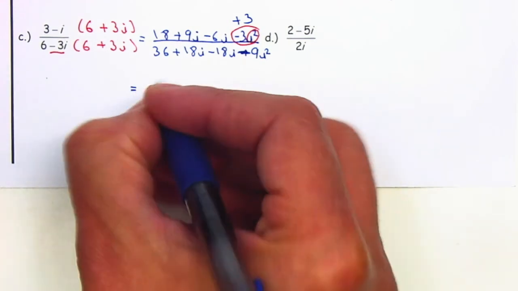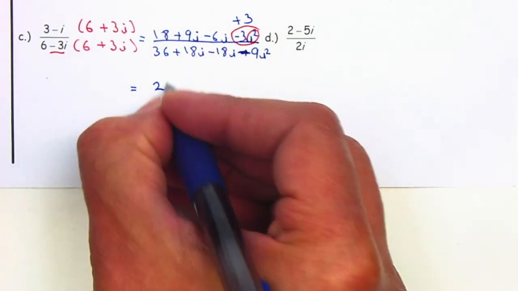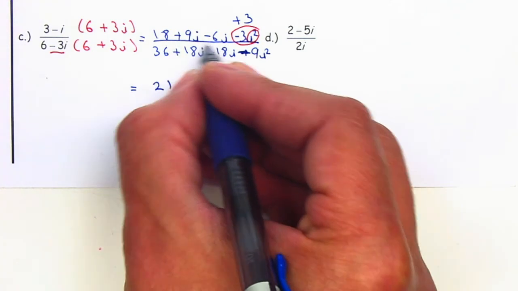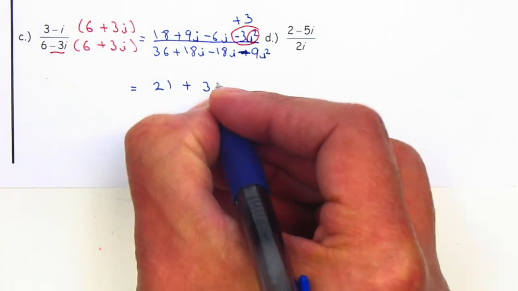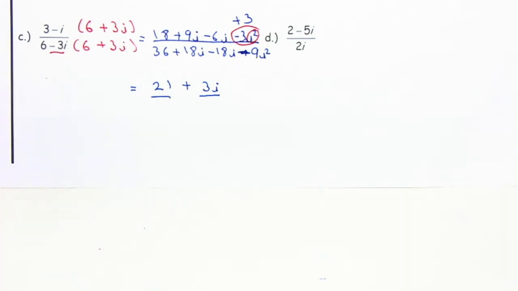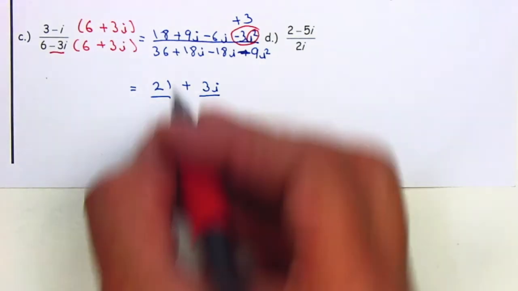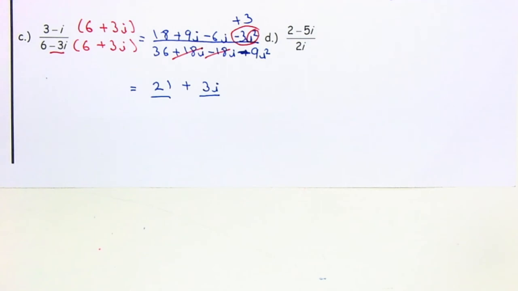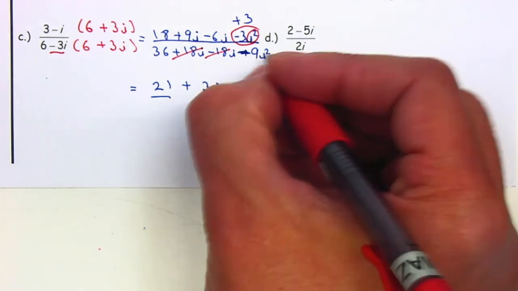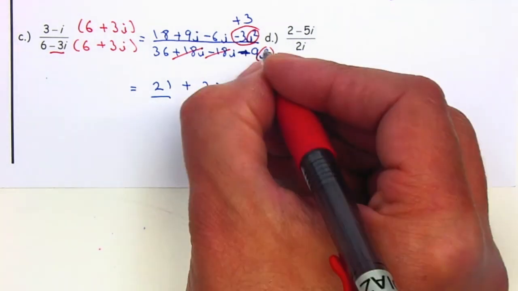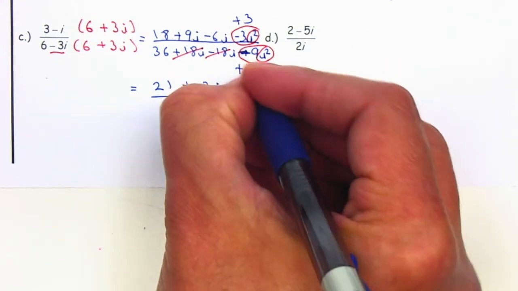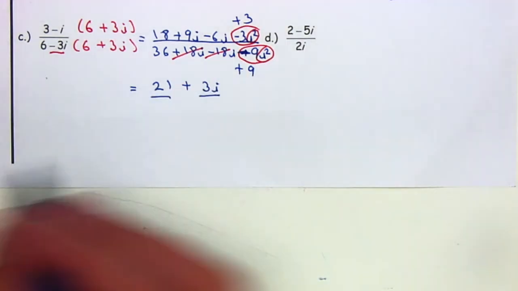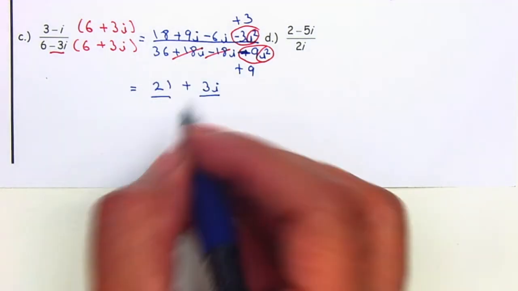So we have 18 plus 3 will give me 21. I'm going to combine all like terms. So 9i minus 6i is positive 3i. I'm going to separate as a fraction. This should always cancel every single time. I know that i squared is negative 1. Negative 9 times negative 1 is positive 9. So my denominator will be 36 plus 9, which is 45.